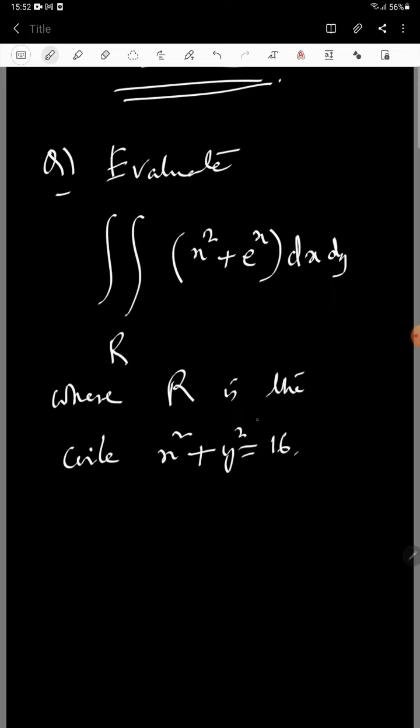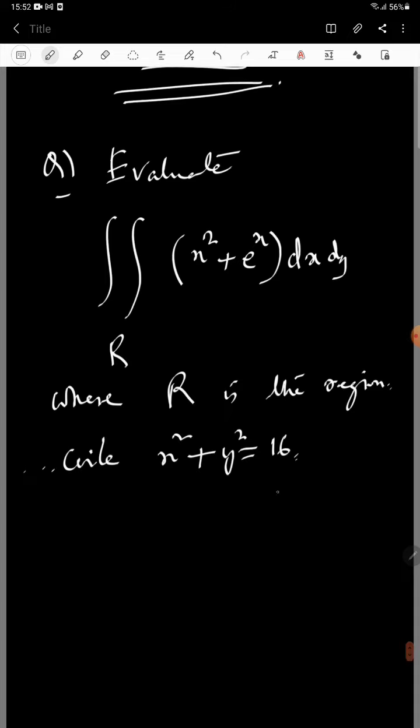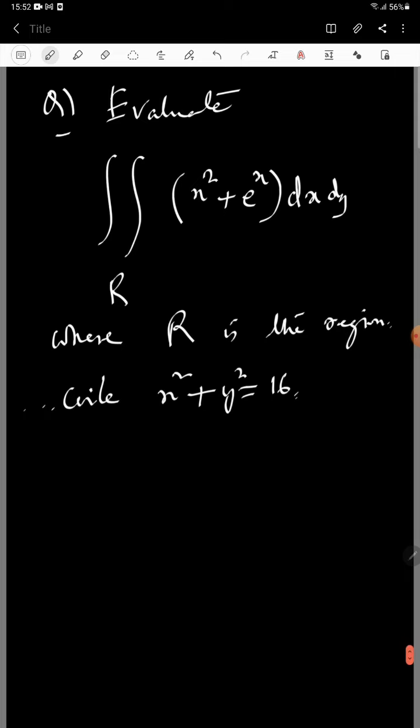Then R is the region bounded by the circle. Or R may be some triangle or some rectangle, there will be just a symbol R given and the region is given, we have to decide the limits.